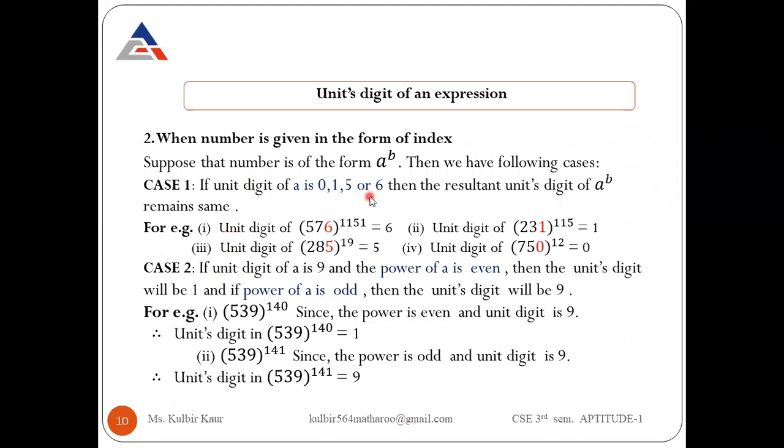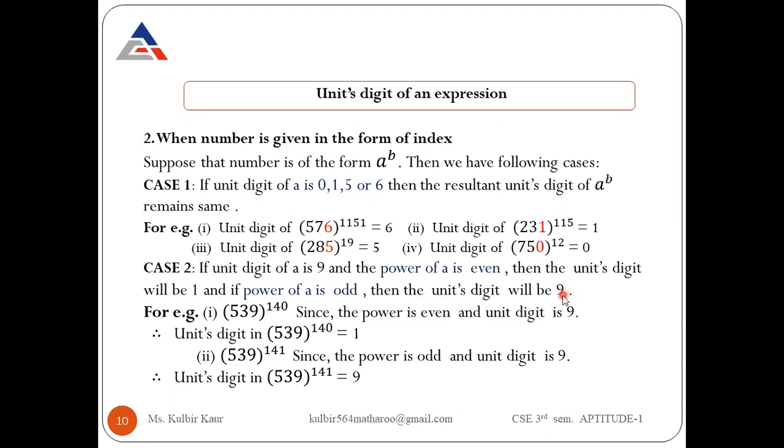We can directly get our answer. But whenever the unit digit of A is 9, then first of all, we shall check what is the power of A. If power is an even number, then unit digit will always be equal to 1. But whenever the power of A is odd, then your answer will always be equal to 9.